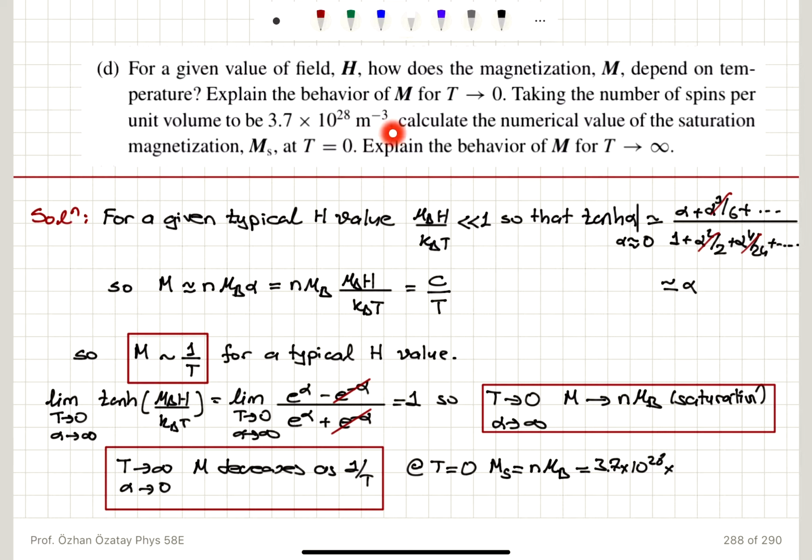This is given per meter cubed, so we can use SI units. A Bohr magneton is 9.27 times 10 to the minus 24 joules per Tesla in SI units. So we find that at T equal to 0, we have a saturation magnetization of 3.4 times 10 to the 5. The SI unit of magnetization is ampere per meter.